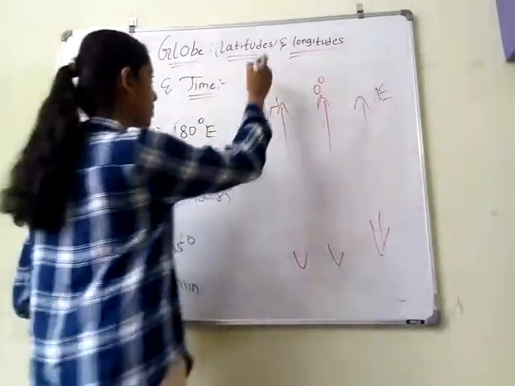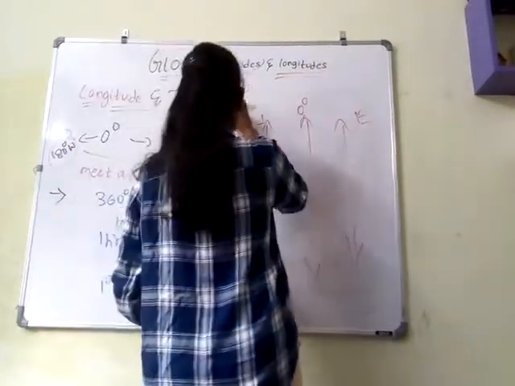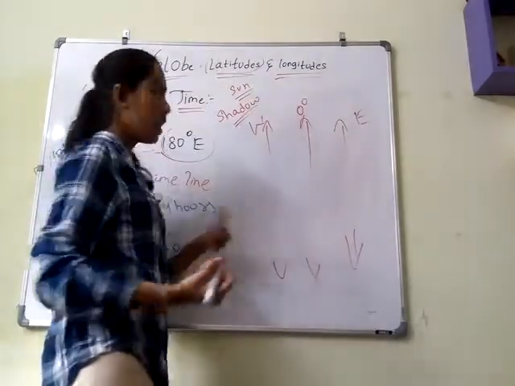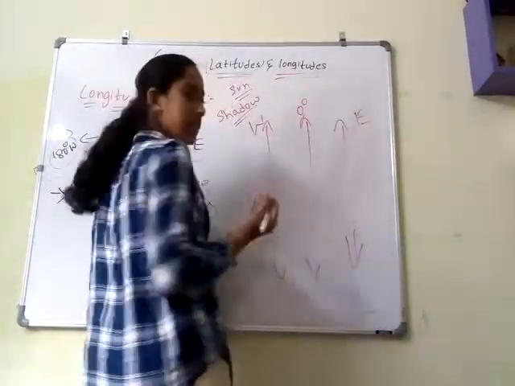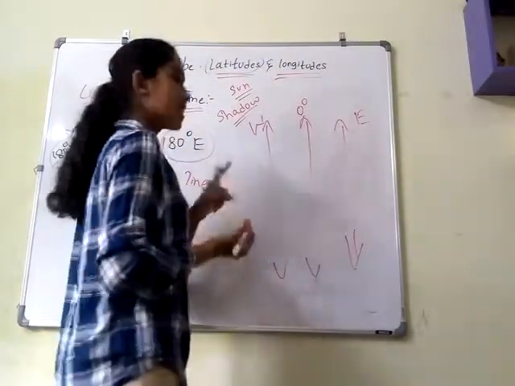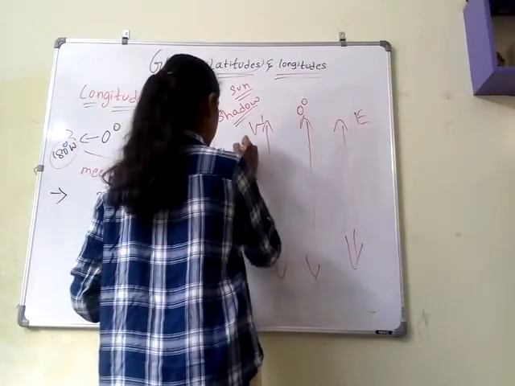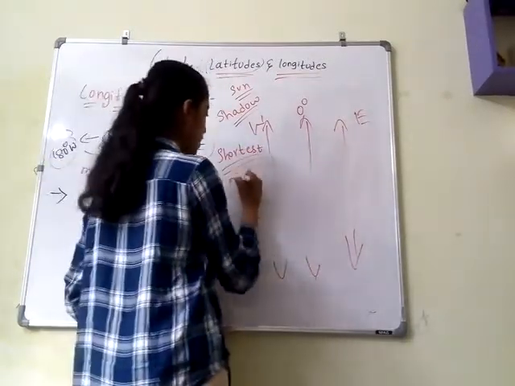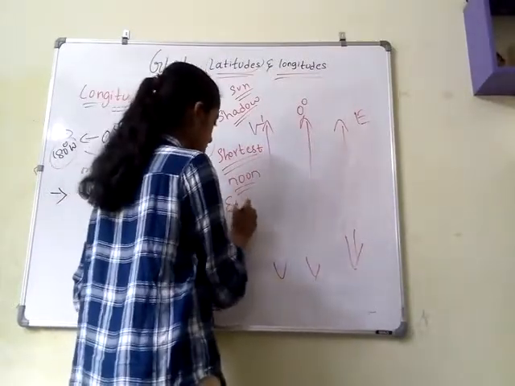You can remember this: the sun's shadow is shortest at noon and longest at sunrise and sunset.